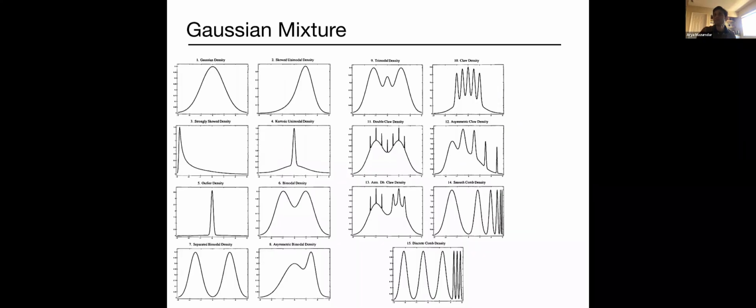Okay, right. And this Gaussian mixture seems to be pretty powerful, because if you see all these pictures, all of this can be described as a mixture of a very small number of Gaussians. Something asymmetric, or unimodal with a very sharp peak, or maybe the claw density, comb density. All of this can be modeled as Gaussian mixtures.